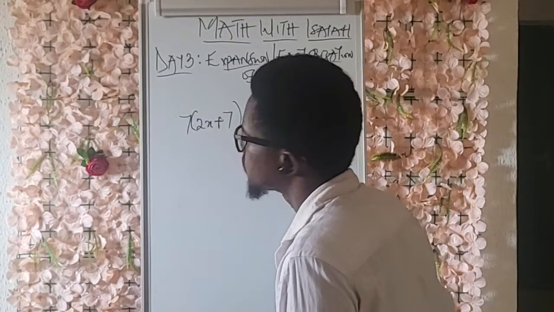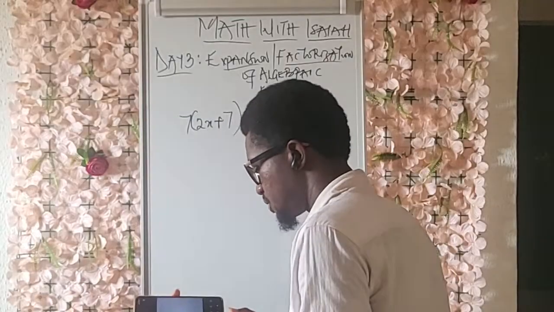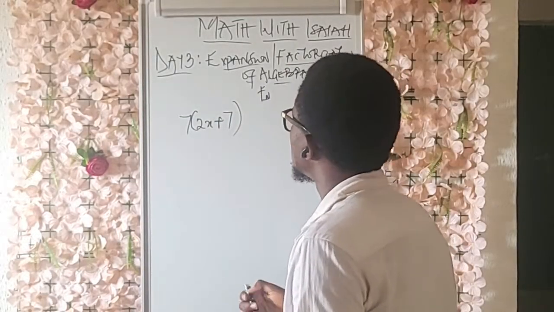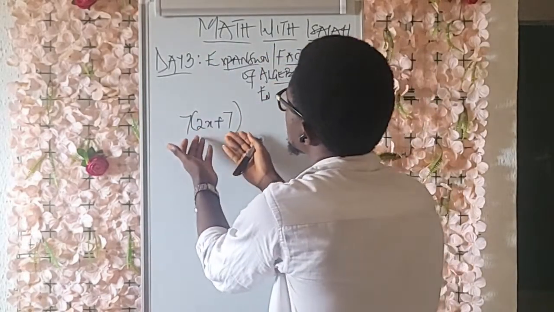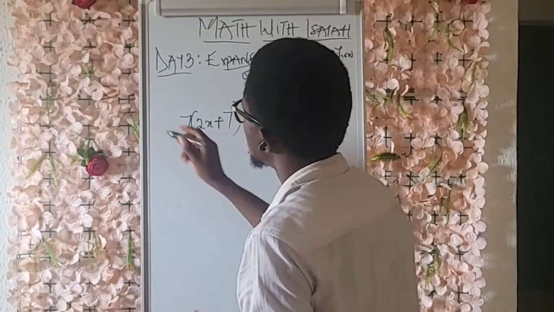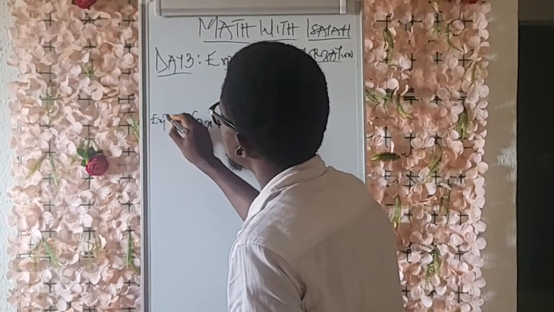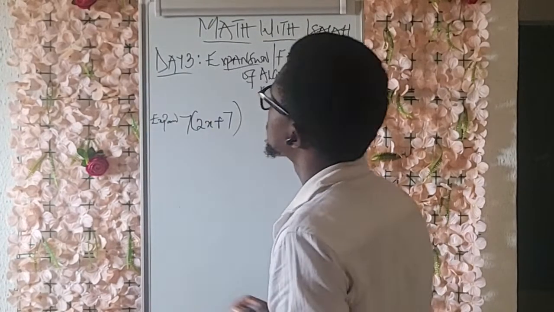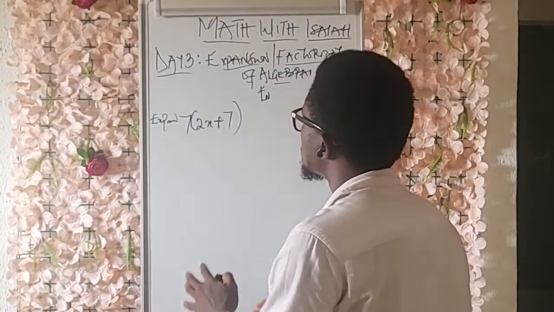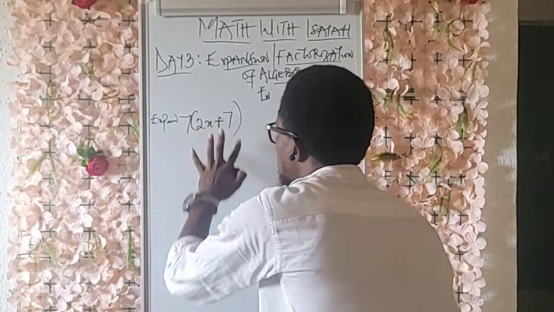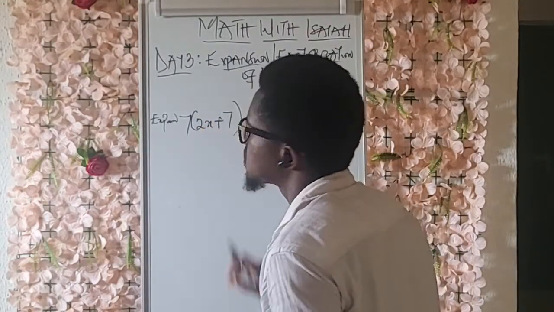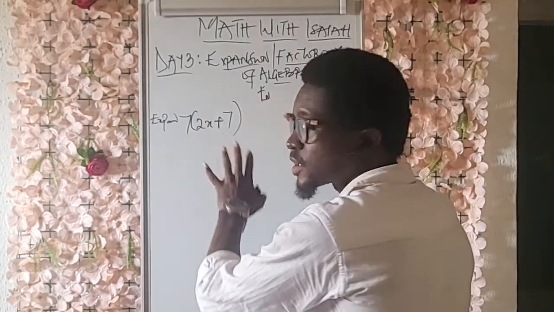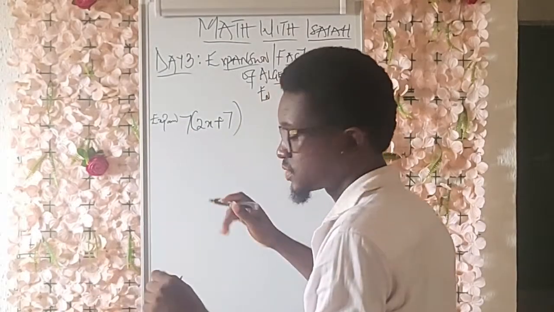So this is an algebraic function. Now what you're basically saying here is expand this thing. So basically what they're asking you to do is expand this. We do not want to see this bracket anymore. Destroy the bracket. So that's basically what we're asked to do.